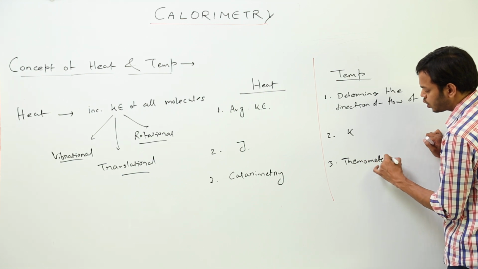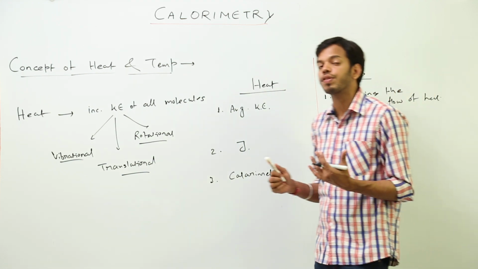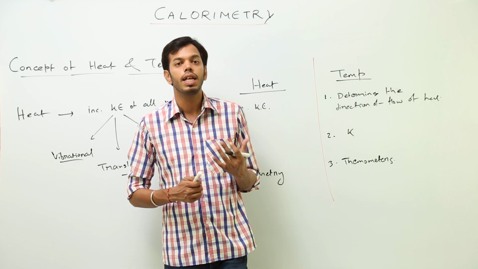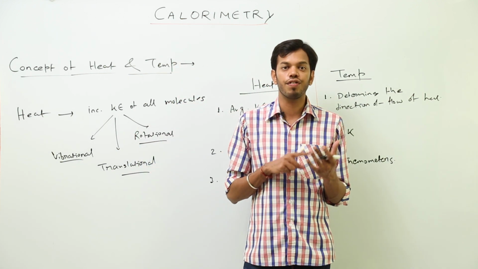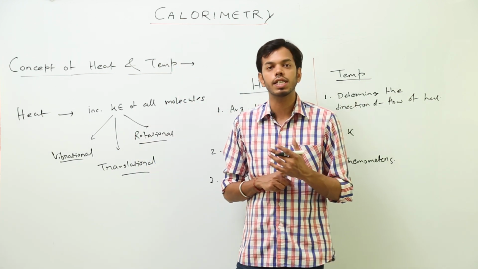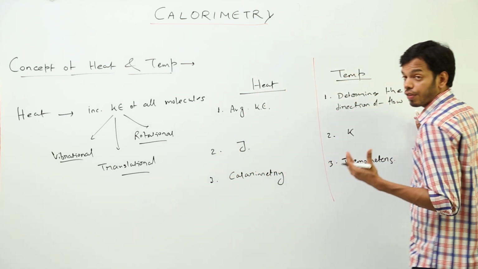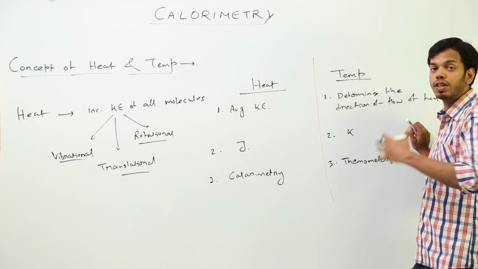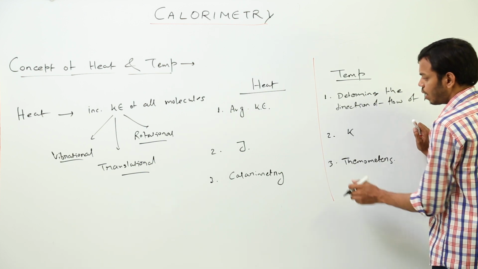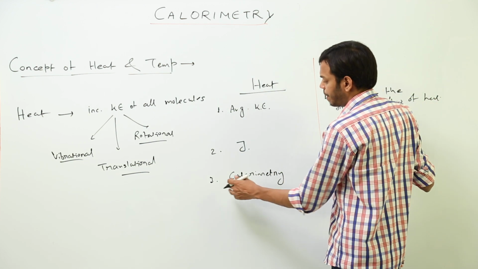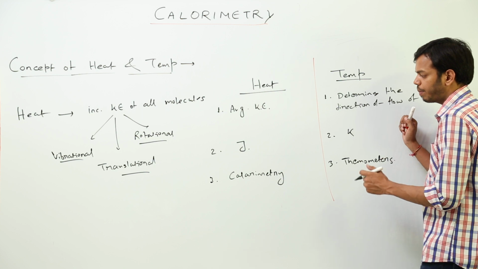We also have specific scales of thermometer. For example, you might have heard about the Celsius scale, Fahrenheit scale and Kelvin scale. I'll tell you how to convert one scale of temperature into another. For now, the measurement part was for calorimetry and thermometer.